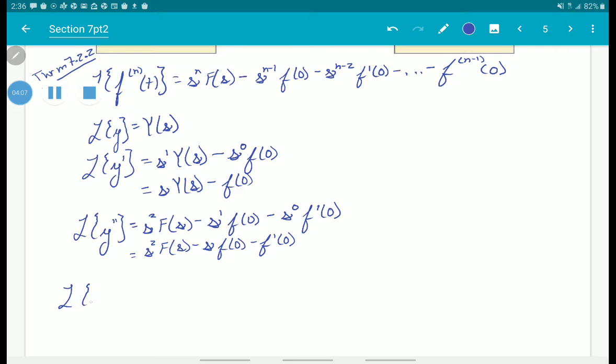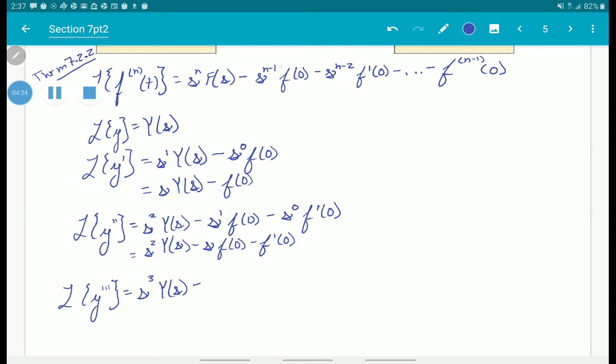And then let's do, just for fun, a third derivative. Substituting everything in we know, this is going to be s cubed Y of s. I'm going to rewrite these F of s's up here as Y of s as well, just to be consistent, because I'm going to use Y of s throughout the rest of the Laplace stuff.